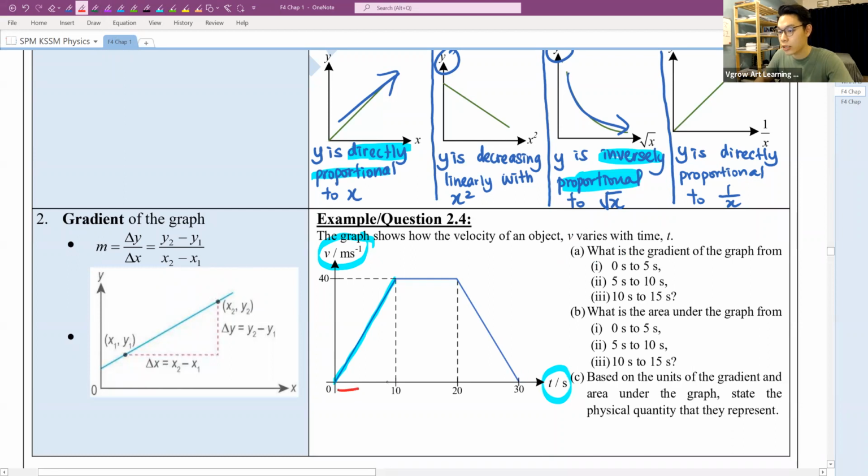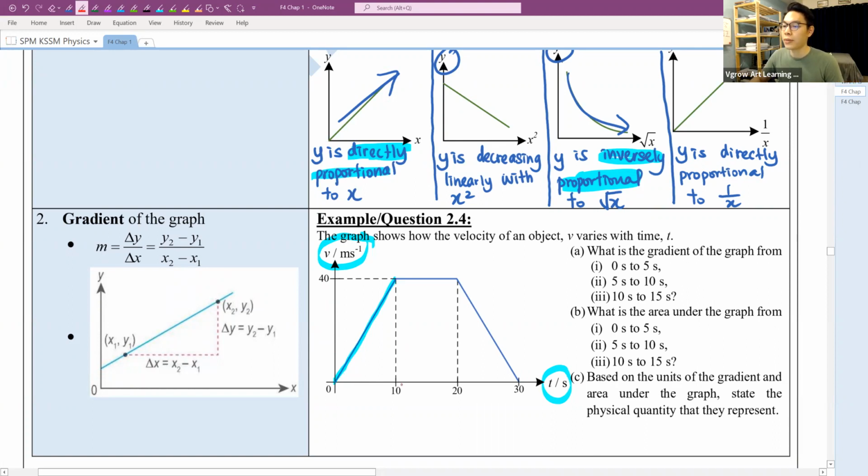At the first part from 0 to 10 seconds, the velocity slowly increases. The speed also slowly increases. So maybe at 5 seconds, the speed is maybe like 20, and then slowly it increases. That is how we read the graph.